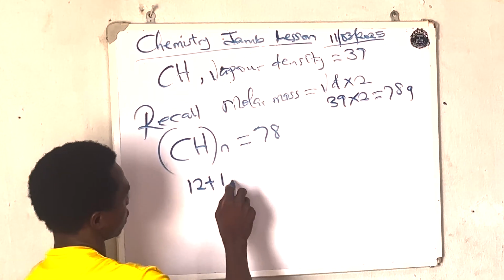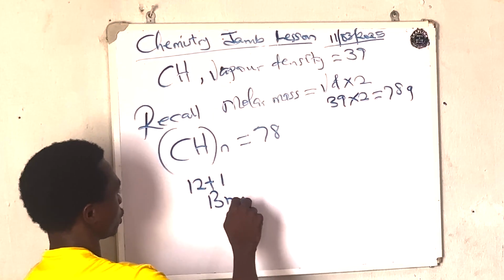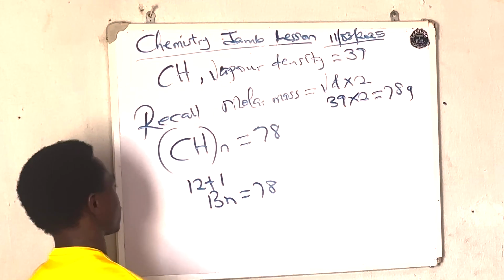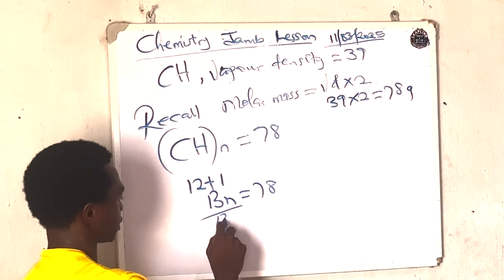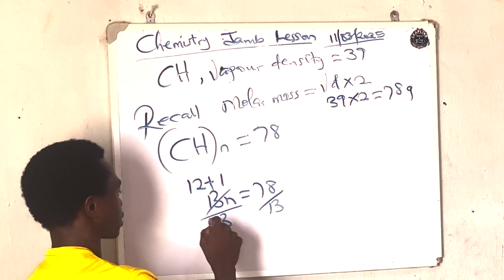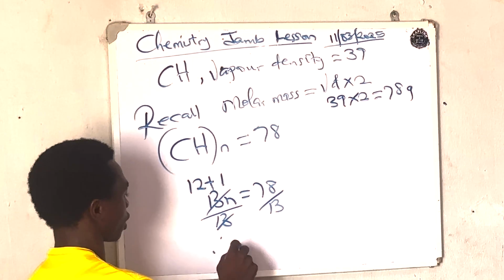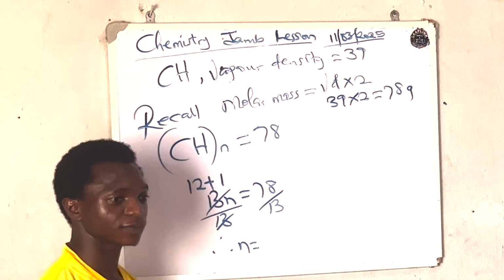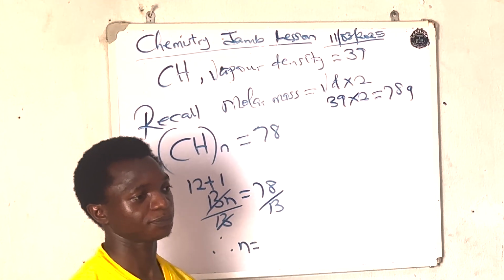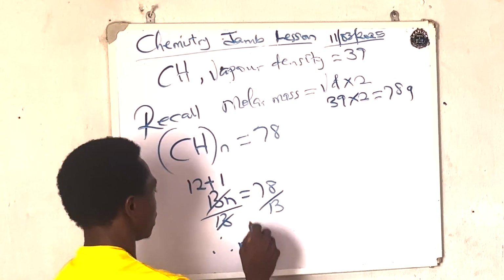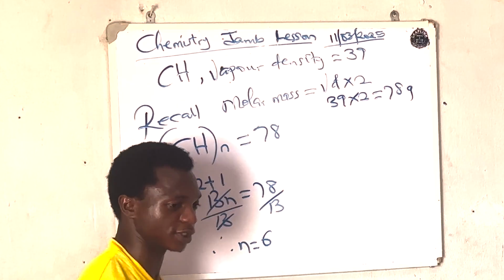Everything gives us 13n is equal to 78. I want to find n, so divide by 13. Therefore, n is equal to 78 divided by 13, which is 6.